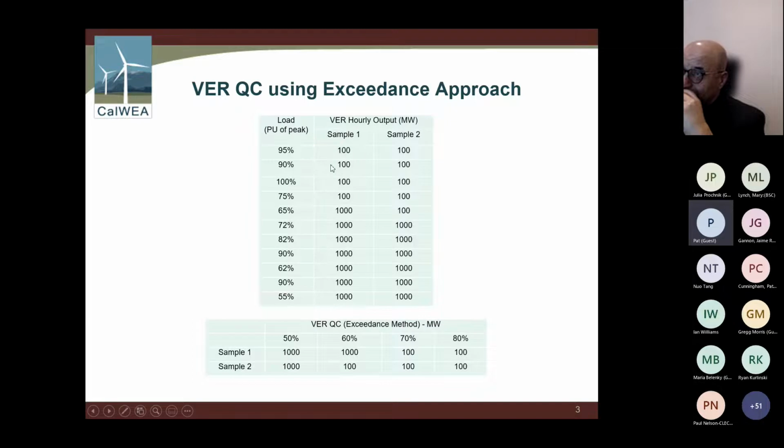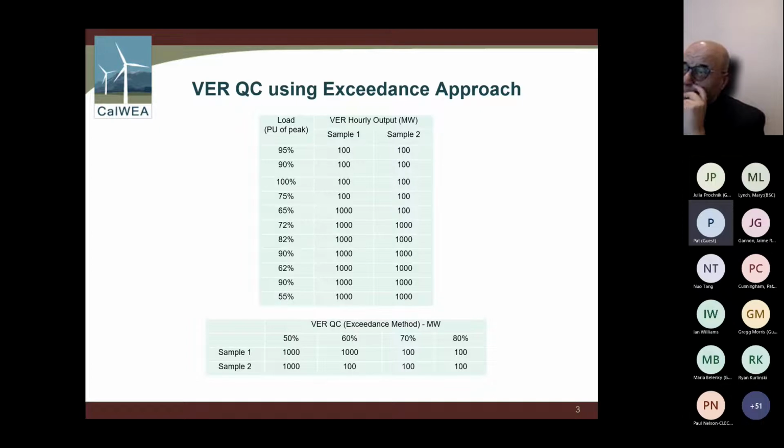Again, I don't expect a particular variable energy resource, even wind, to vary this much, but I just wanted to illustrate what we are getting into with exceedance. And again, we only have 93 data points to work with. We can actually share the actual data with you, and you can see that the output of even solar resources can vary dramatically for a particular hour in the month of August, and we'll share that with you.